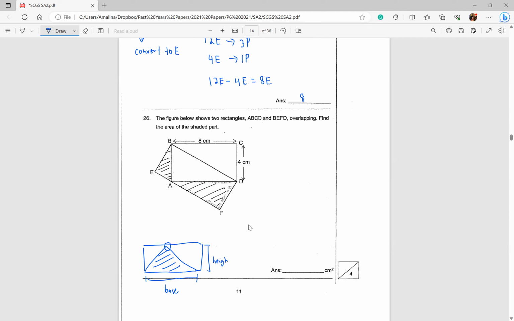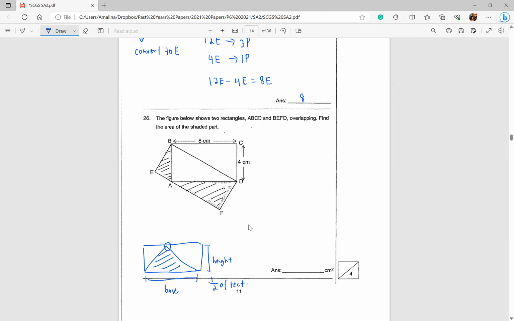Then this triangle is half of my rectangle. So you have to identify those triangles first. In other words, if this triangle is half of this rectangle, my BDFE, then I know that the shaded part is the other half.